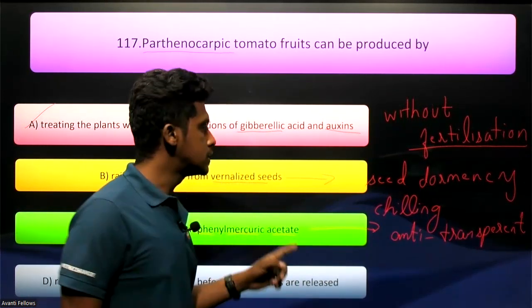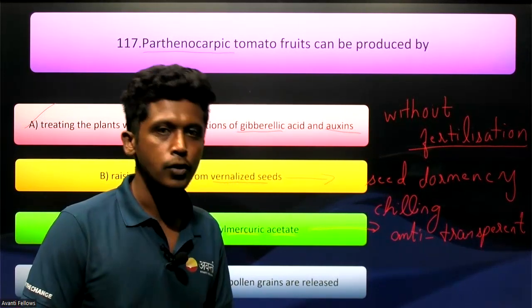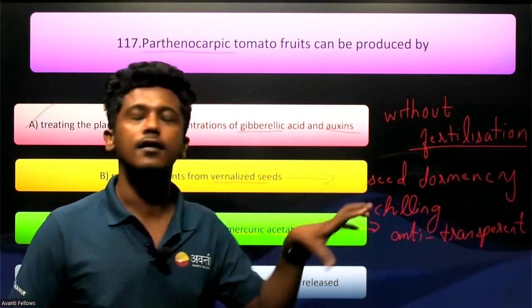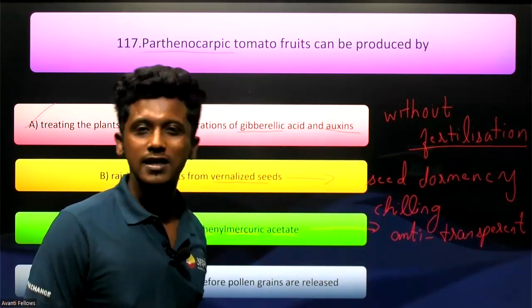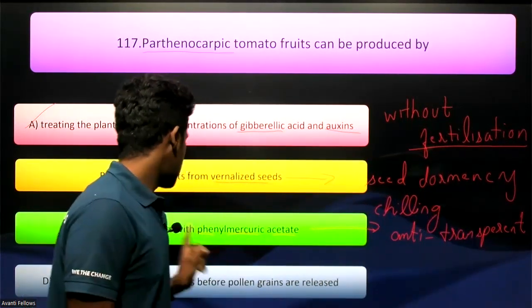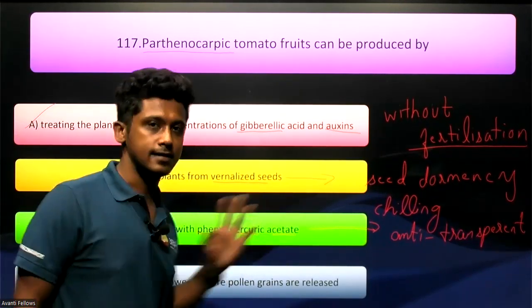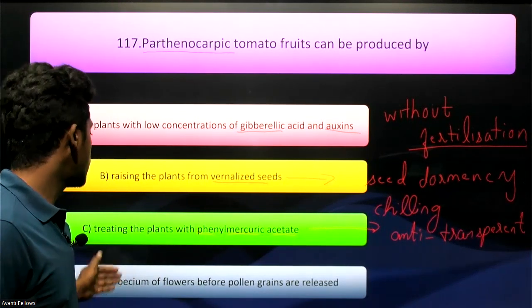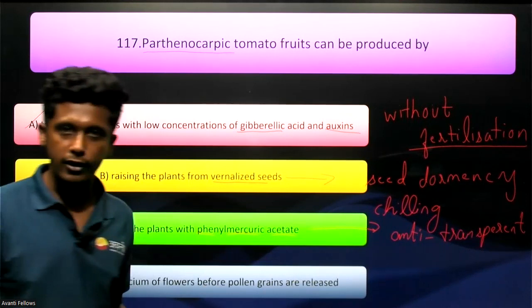Anti-transpirants are sprayed on the plants so that we induce closing of the stomata such that the loss of water is prevented. An example of an anti-transpirant is phenyl mercuric acetate. Coming to the final option, removing androecium of the flower before the pollen grains are released. This is called the emasculation process.